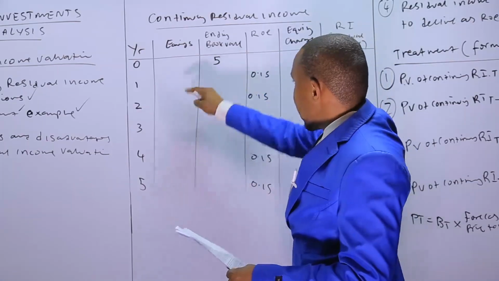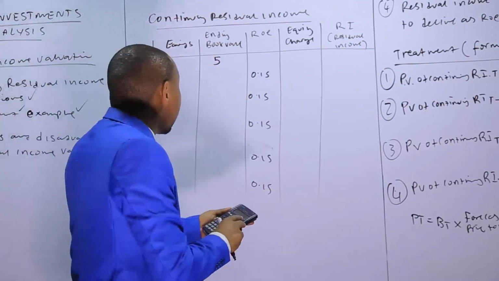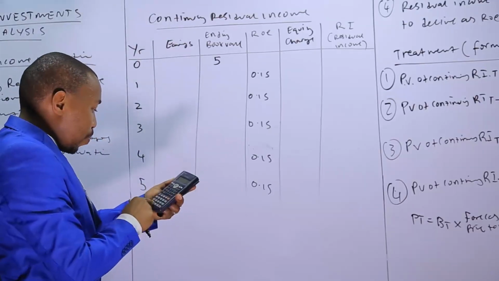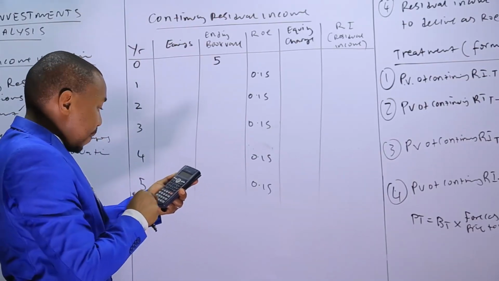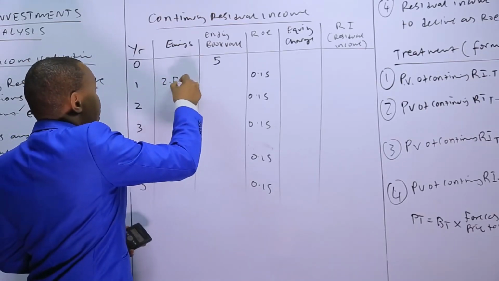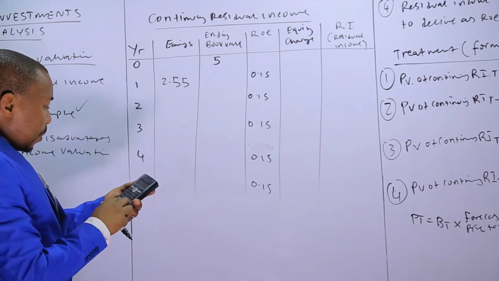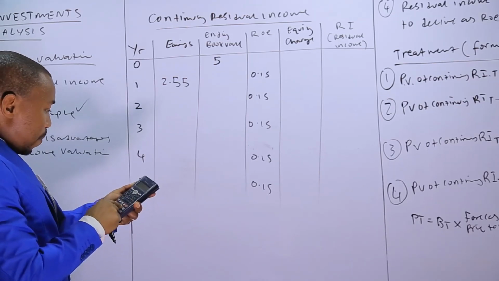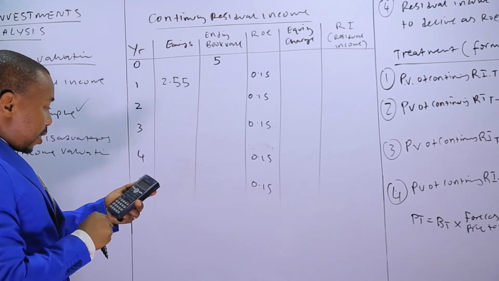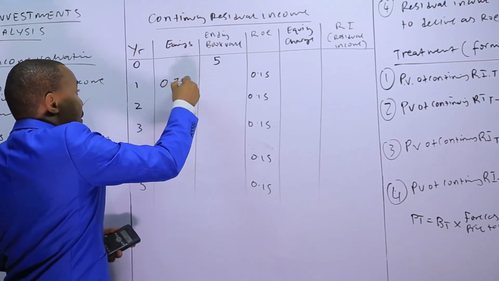So if we multiply that, we get the earnings very quickly. You can just fill in that column there. So it's 0.15 multiplied by 5. Let me just confirm that, 0.15 multiplied by 5, we get 0.75.